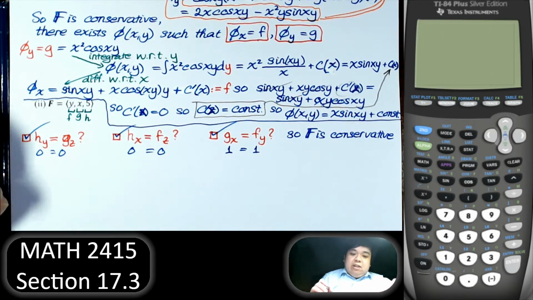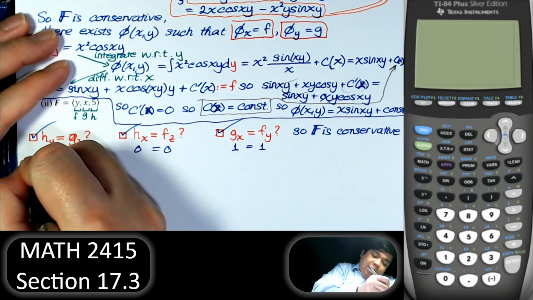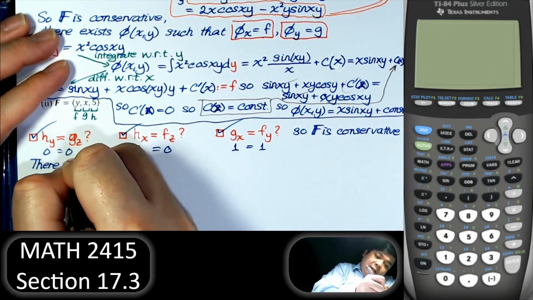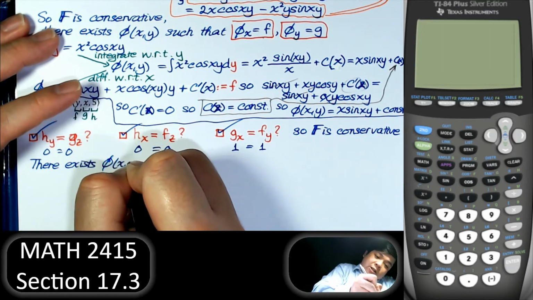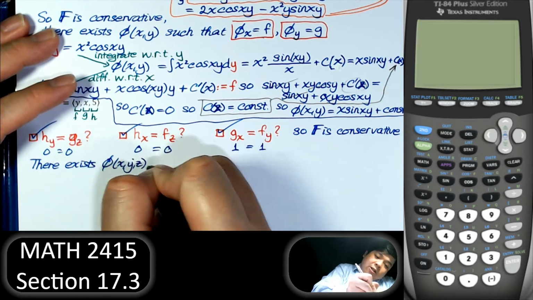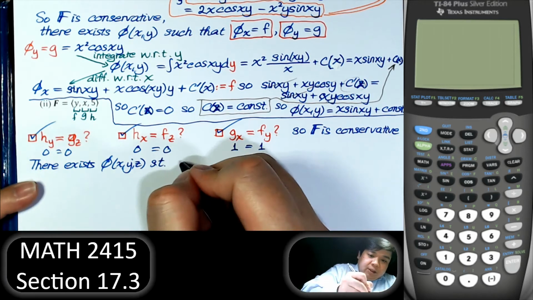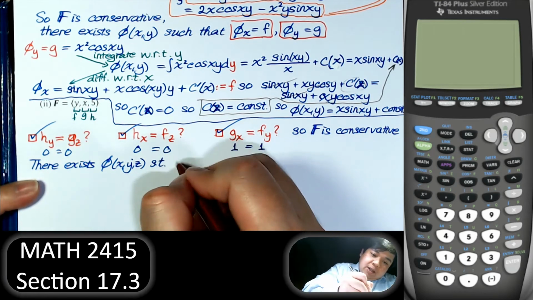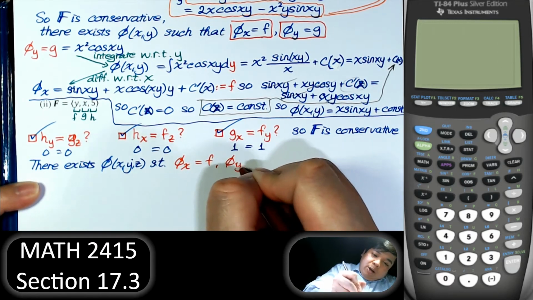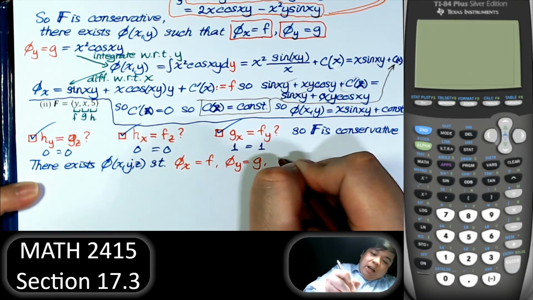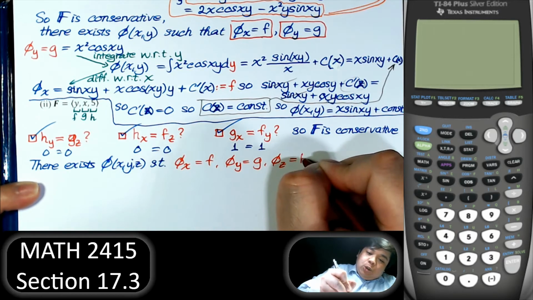Now if it is conservative, then there exists a potential function such that its derivative with respect to x equals f, its derivative with respect to y equals g, and its derivative with respect to z equals h.